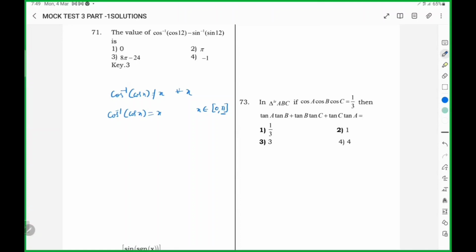So the maximum value is 3.14, whereas here it is exceeding. I will write it as 4 pi plus 12 minus 4 pi. If I write like this, 12 minus 4 into 3, 12 minus 12 point something we get.